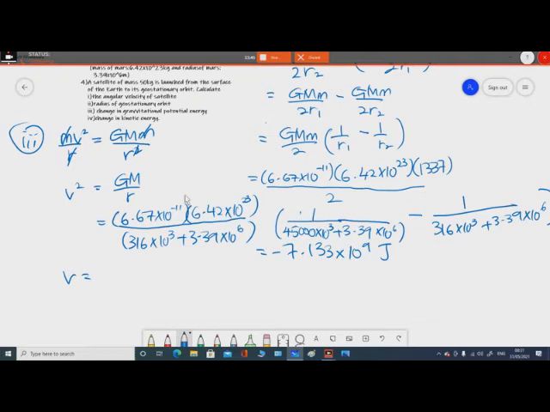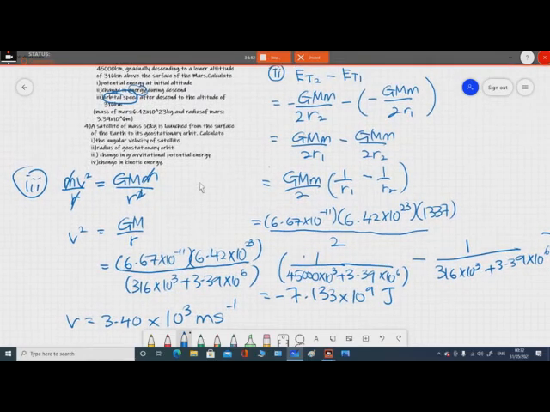Then we take the square root. So the final answer we get is 3.40 times 10 to the power of 3 meters per second. So this is how we answer for the orbital speed.